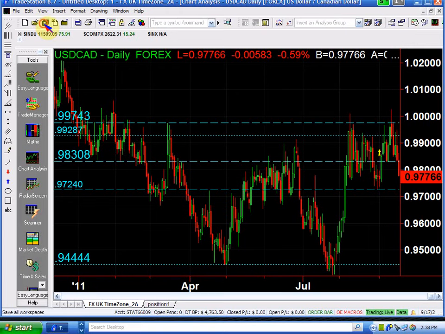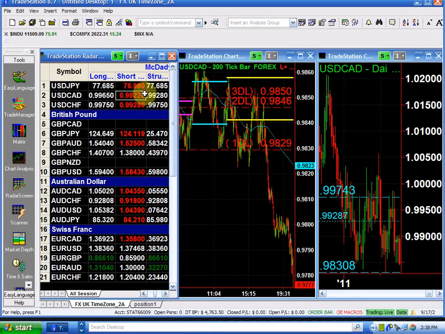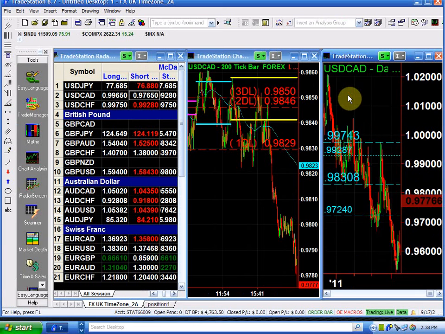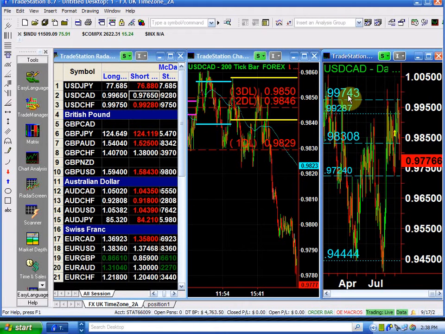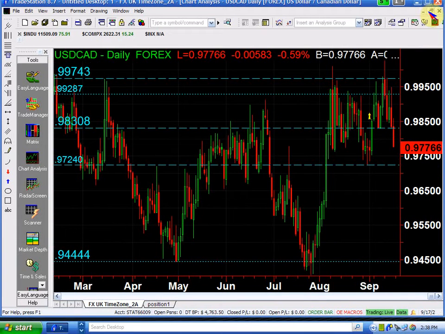Okay, so my short point is going to be 97.65, and this is also going to be my structural short. That's my structural short. It's 97.24.